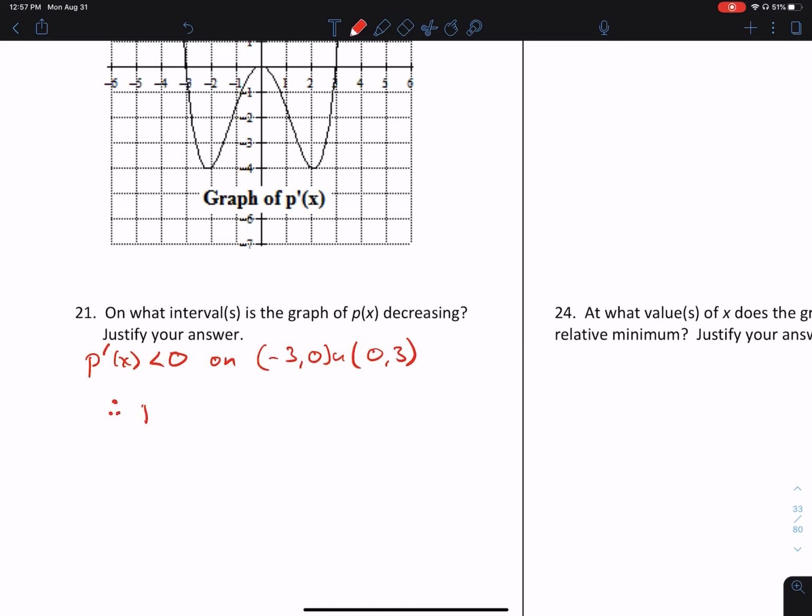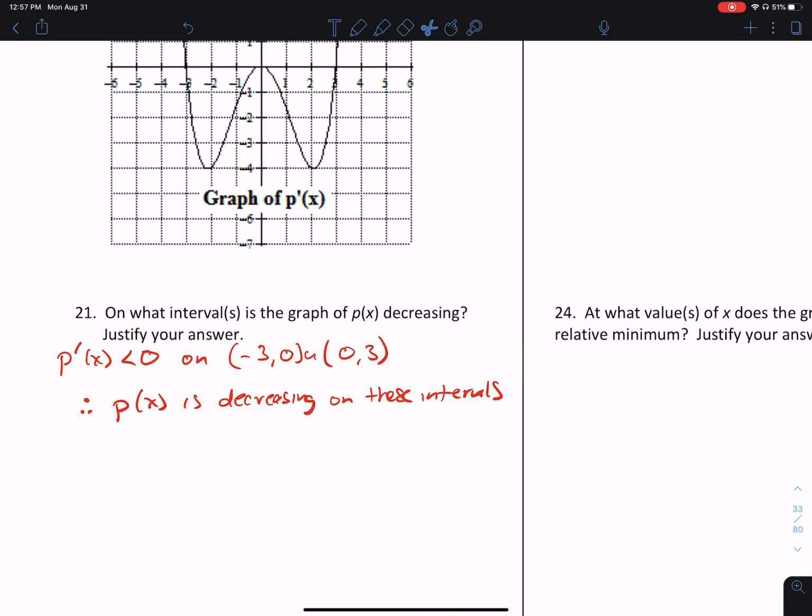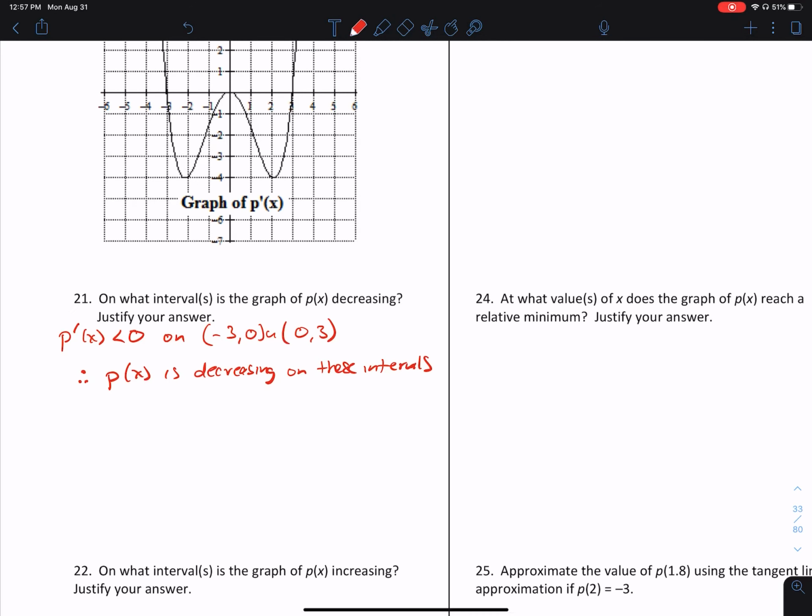Therefore, p of x is decreasing on these intervals. Reason I like saying on these intervals better than repeating the intervals is that you might miswrite one of these numbers and you're going to lose points. So done on what intervals, justify, we got both of those things done.